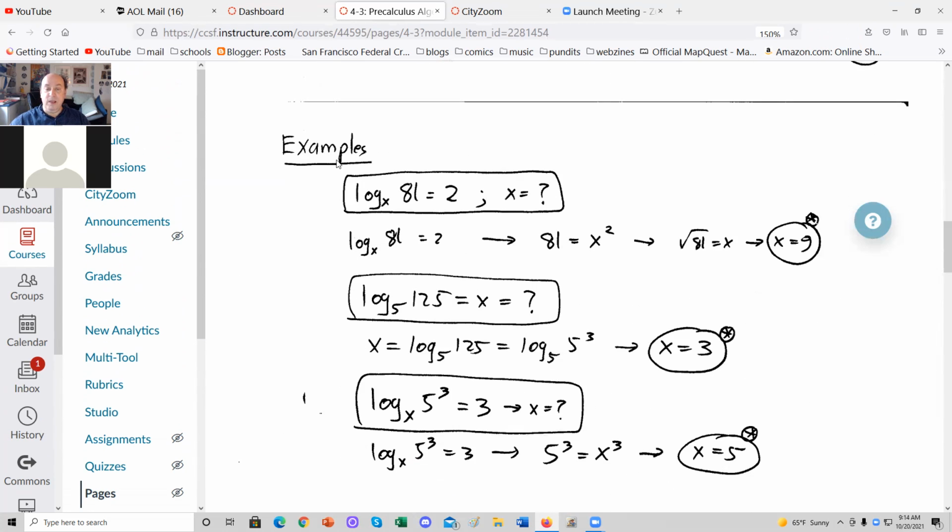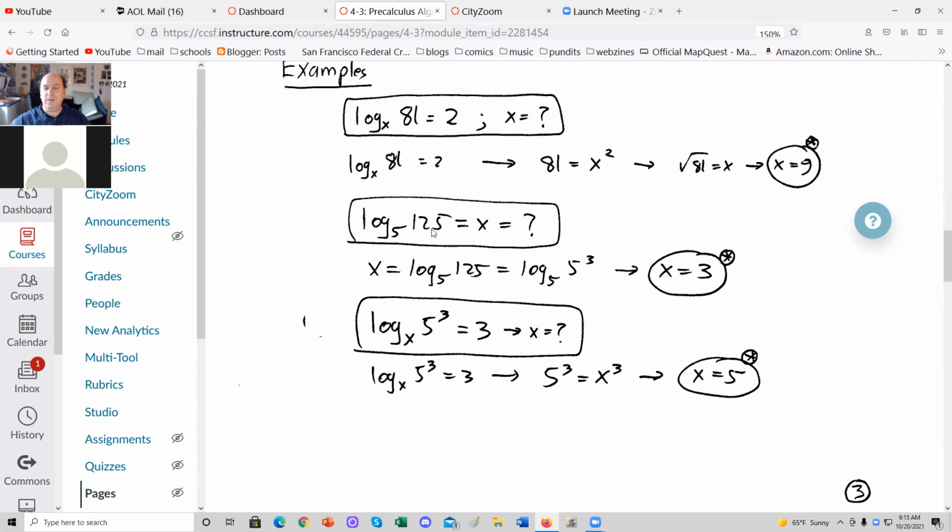Now, for example, log base x of 81 is 2 for what value of x? Well, you transpose. A logarithm base x transposes to an exponential base x. So 81 is x to the second. Take square roots, and x equals 9. Log base 5 of 125 equals x, and what's that?